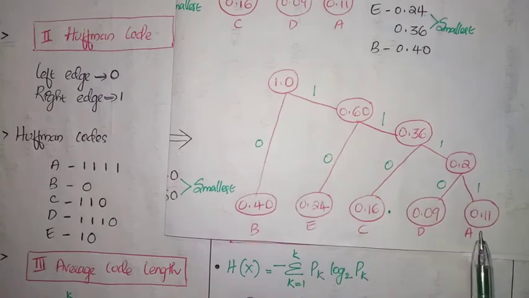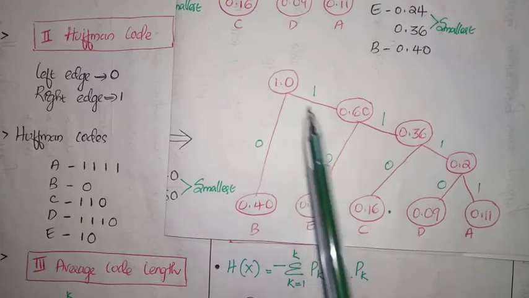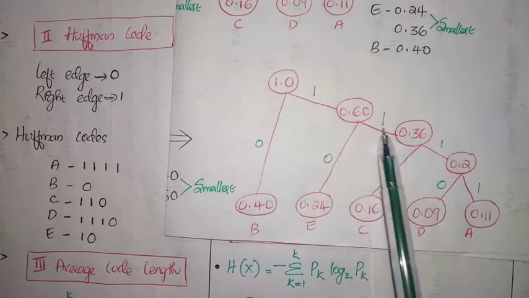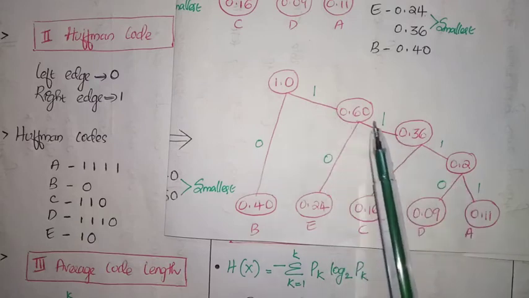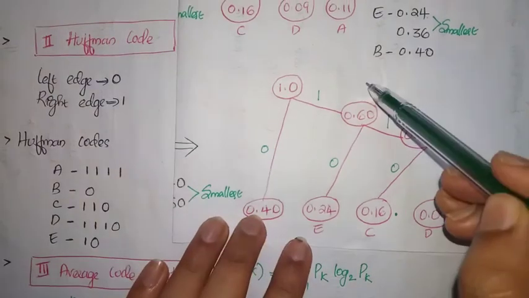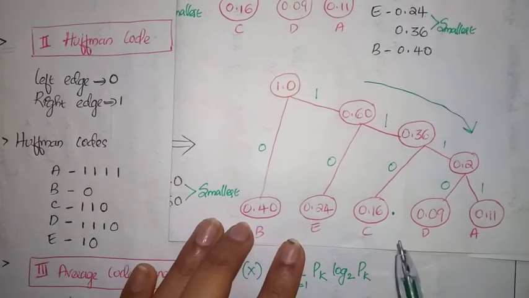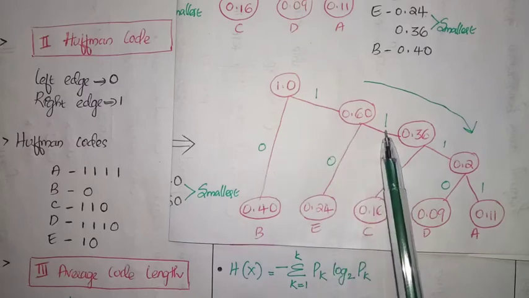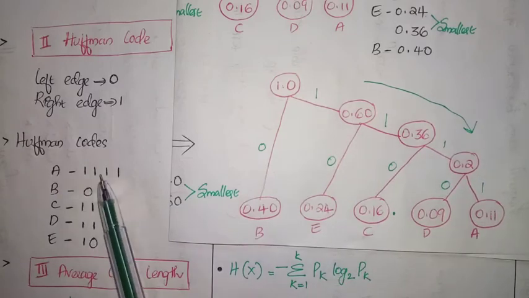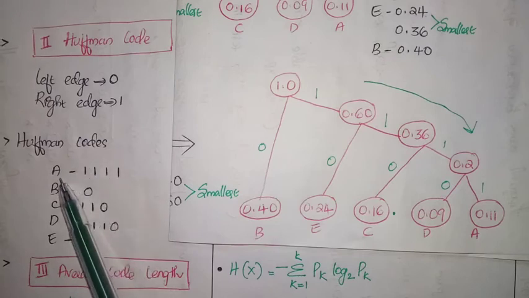Among that path from the root to node A, just write the characters here. We travel from here to here, and the bits are 1, 1, 1 and then 1. So 1, 1, 1, 1 is the Huffman code of A.